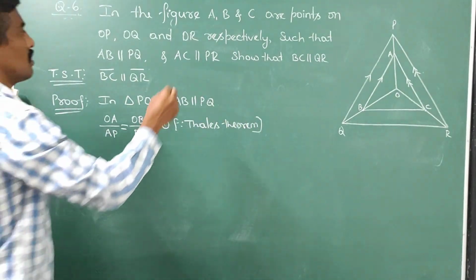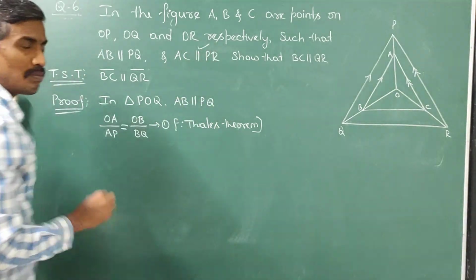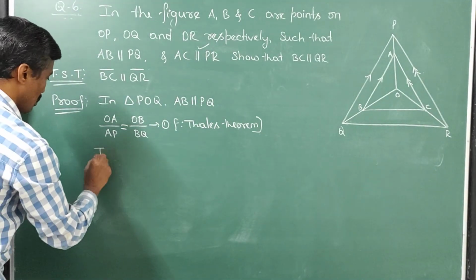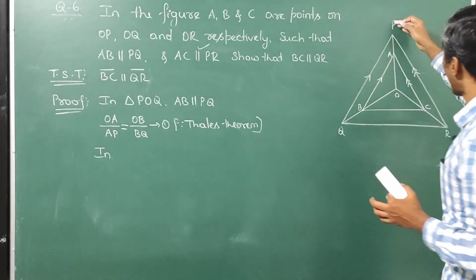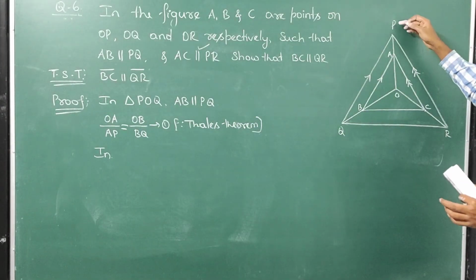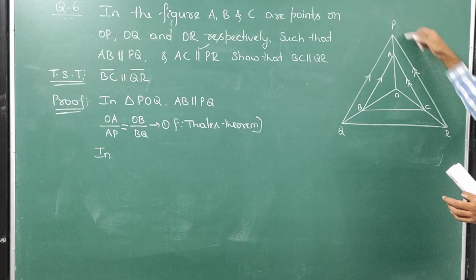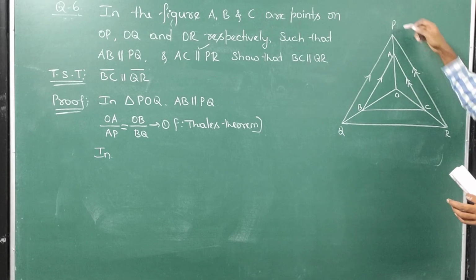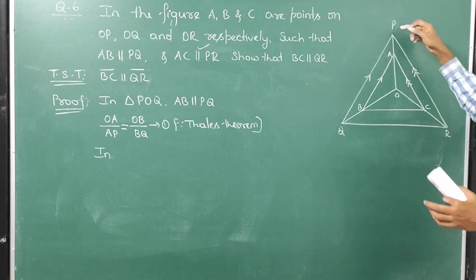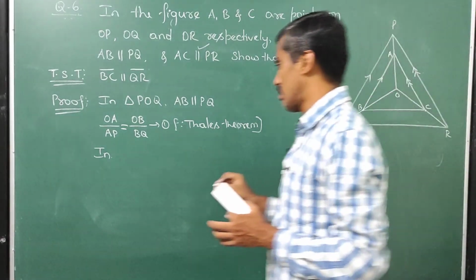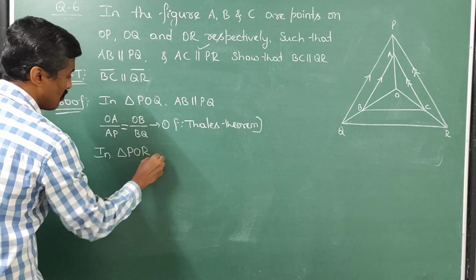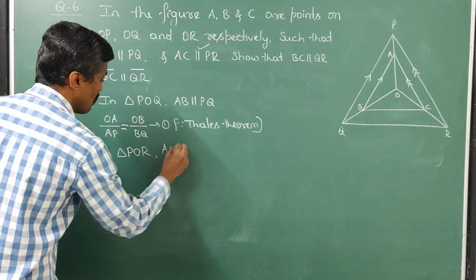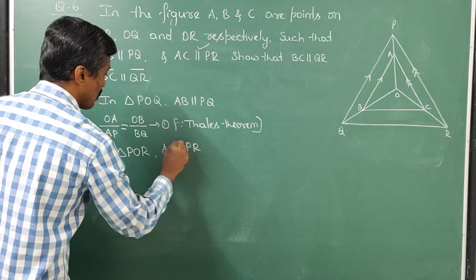Next, second data, AC parallel PR. Side AC is parallel to PR of triangle POR. Correct? PR is one of the sides of the triangle POR. So in triangle POR, AC is parallel to PR.